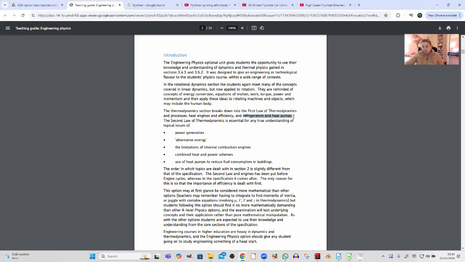Refrigerators and heat pumps, those are reverse heat engines. So that is making things go round and using it to move heat. And that is the opposite of a heat engine. But they are, of course, linked. I mean, it basically does the opposite thing. Refrigerators and heat pumps are also very useful devices.